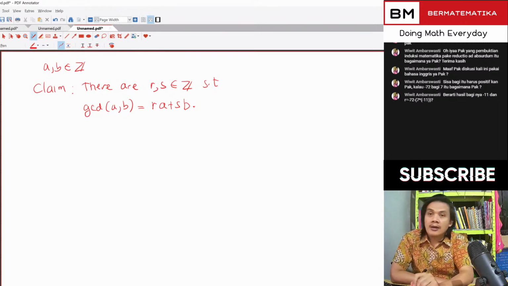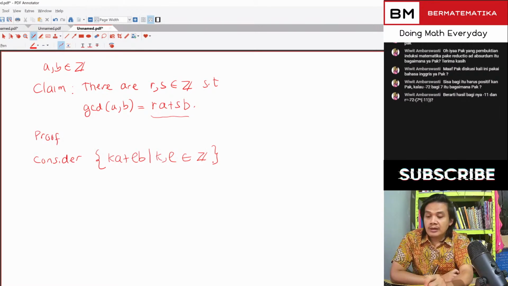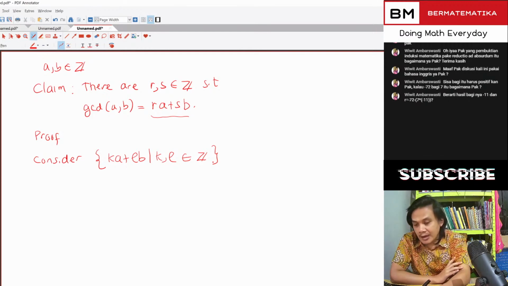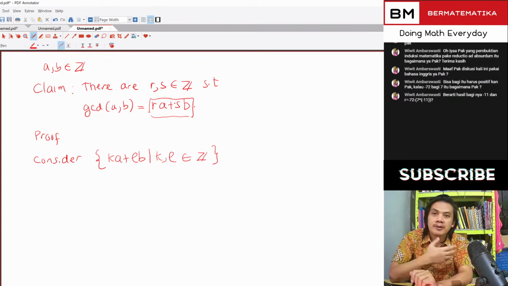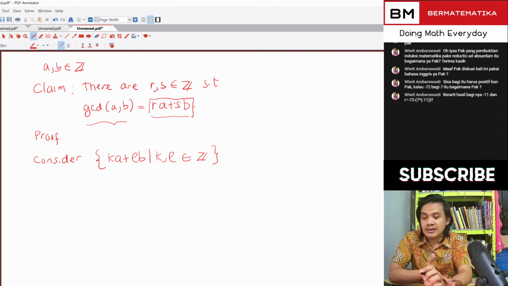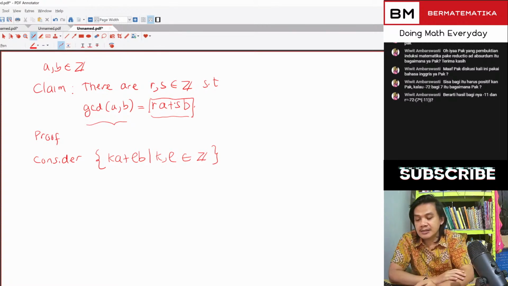Okay. So our candidate to be this RA plus SB. So remember that the GCD is positive, so then this RA plus SB should be positive as well, right? So then our candidate to be this GCD is the smallest positive element in here, right?